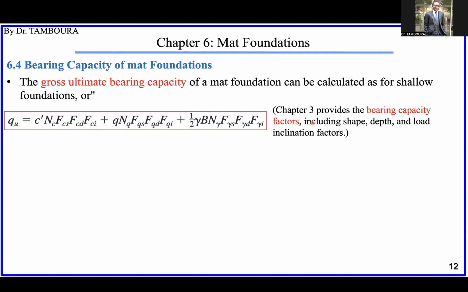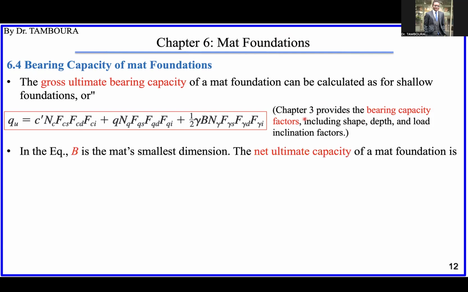All these are in chapter 3. Now in case of mat foundation, what will be B? Remember, B in shallow foundation was the width of the foundation. In this case, B will be the smallest dimension of your foundation.